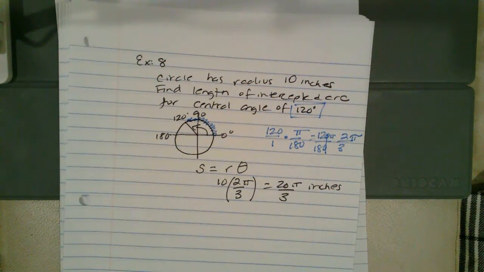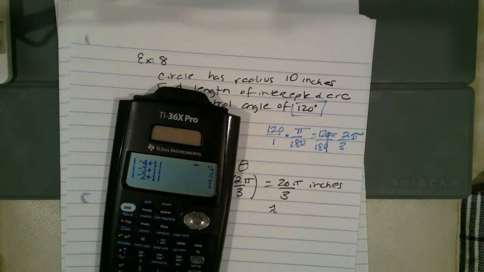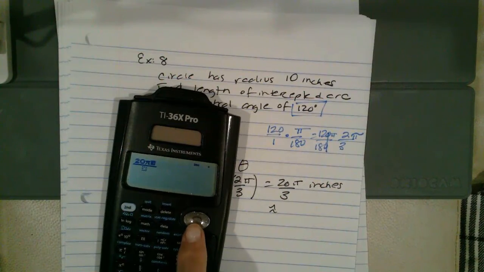If they ask you to round that off, you could use your calculator and type it in and get an approximation. We'll do maybe to 2 decimal places. Now clear my calculator out. I know that this is a fraction. 20 pi over 3 equals, that's in fraction.